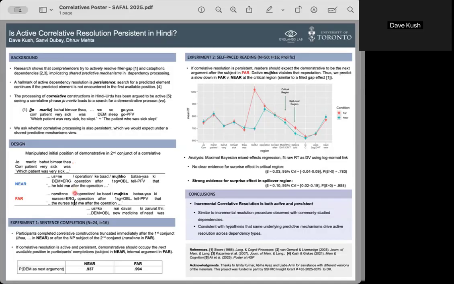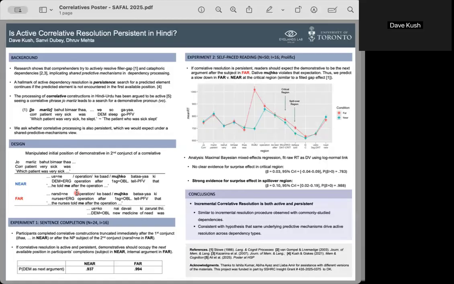In the far condition, we truncated the condition after the matrix subject. So that gave participants information that the demonstrative could not be in subject position, and then we were interested in seeing where they put it later in the sentence.